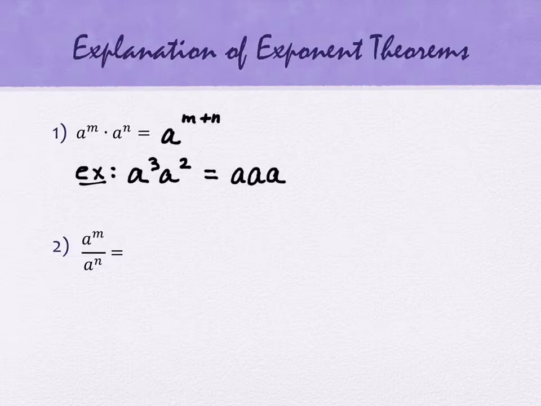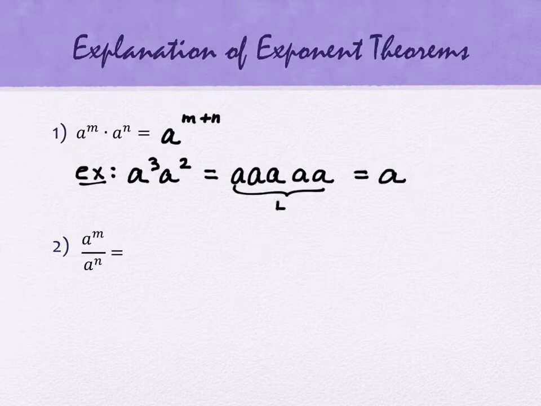So then what does a squared look like? Yeah, a times a. So what is this when I have 5 of these? It is a to the 5th. And if you're making a comparison between this value and these two, what can you tell me you have to do to get from 3 and 2 to 5?